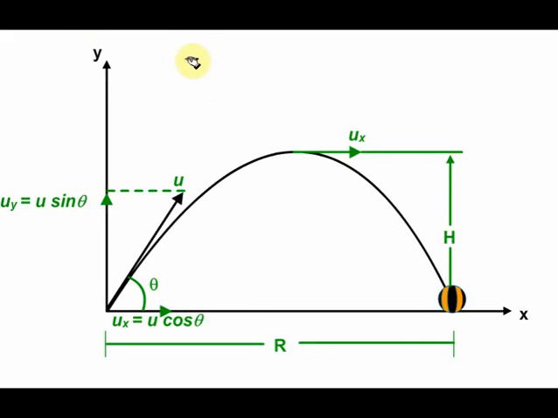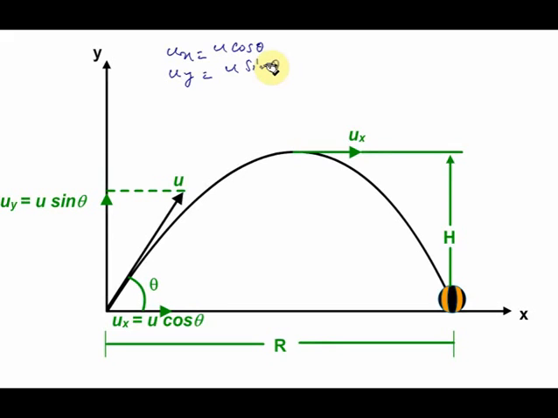As we have seen, the velocity of projectile can be resolved into two components along horizontal and vertical direction. The component of velocity in the horizontal direction is ux, which is equal to u cos theta, and in the vertical direction it's uy, which is equal to u sin theta.